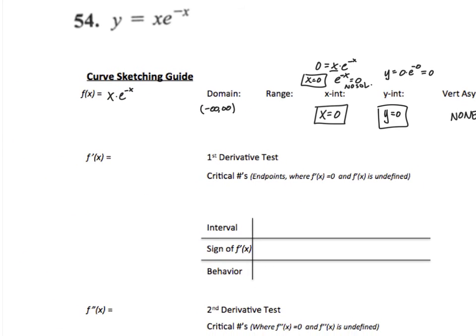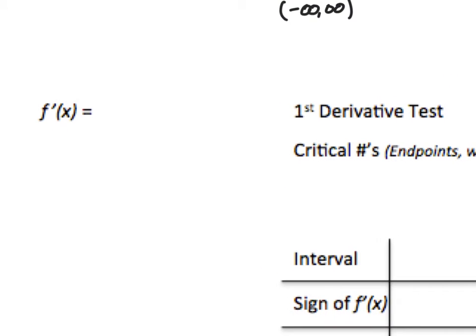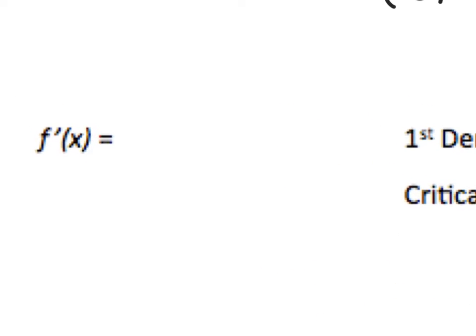All right, but now I want to do the first derivative test. I have my function f of x, and I'm going to write it up here. f of x is equal to x times e to the negative x. What I want to do is the product rule here. I know that the derivative of x is just going to be 1.